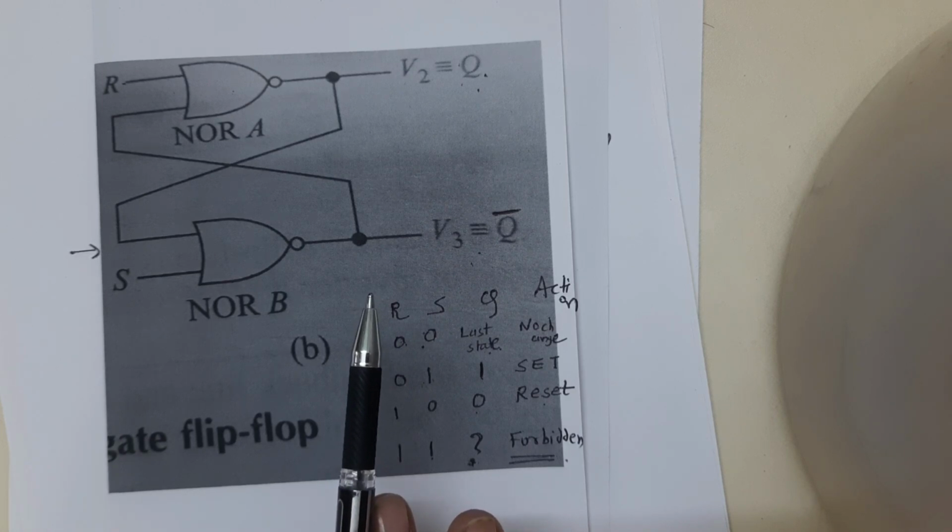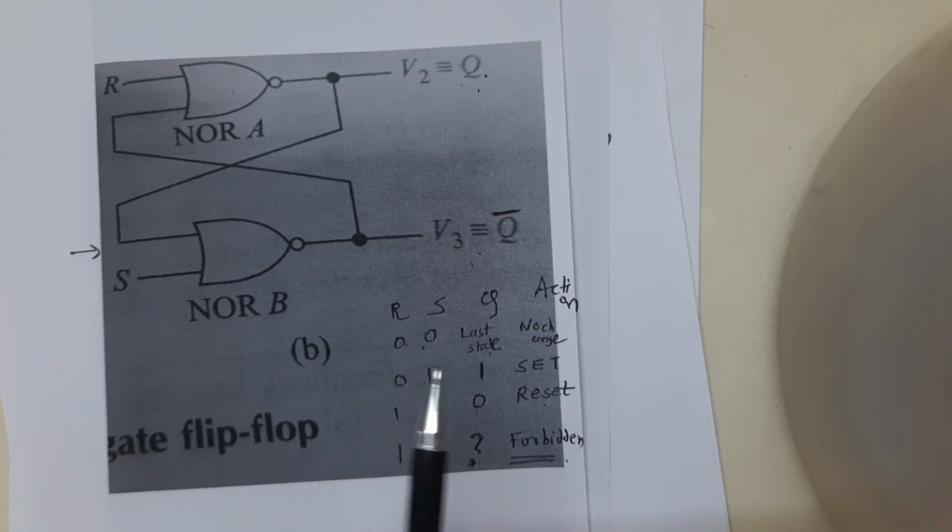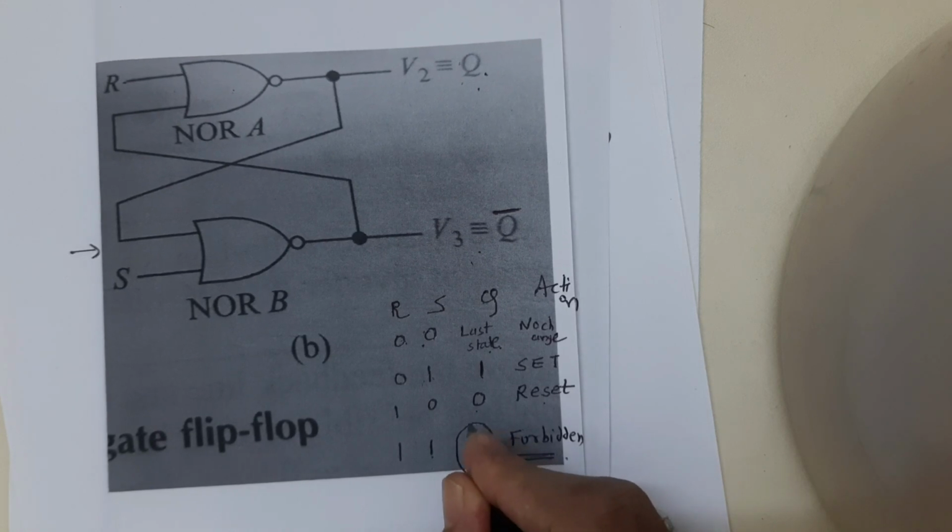Such dependence makes the job of a design engineer difficult, as any replacement of a NOR gate will make Q unpredictable. That's why R is equal to 1 and S is equal to 1 is forbidden. We use the word forbidden. Action is equal to forbidden, and the truth table entry is a question mark.